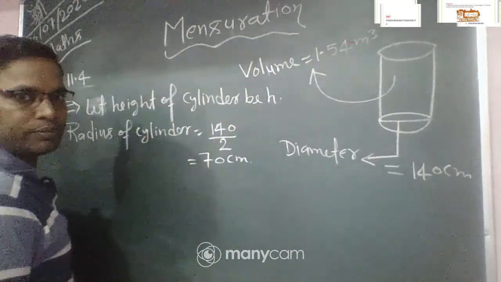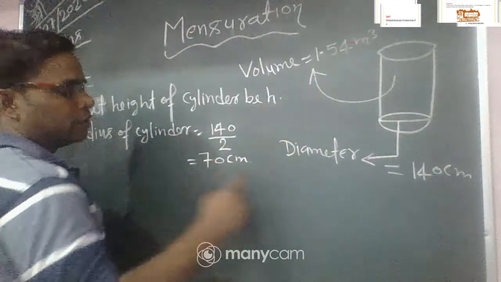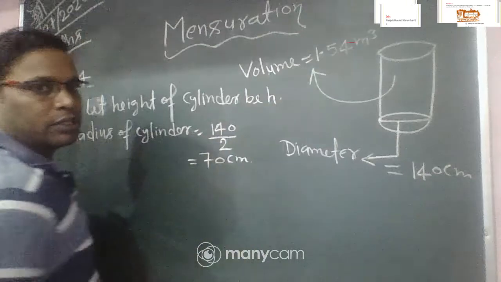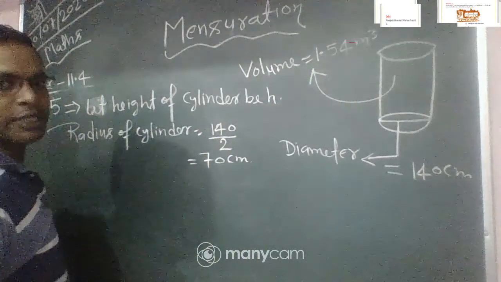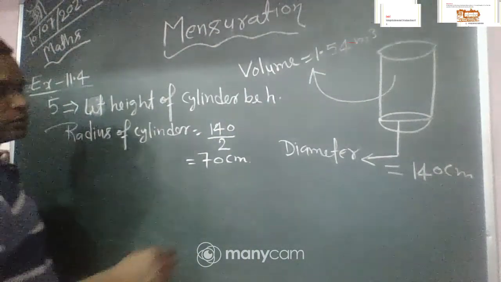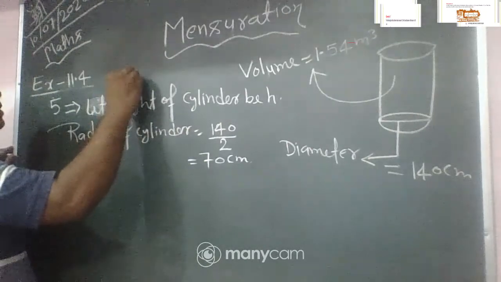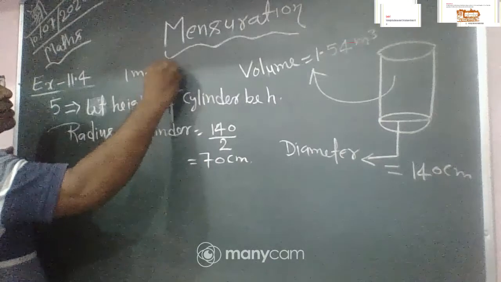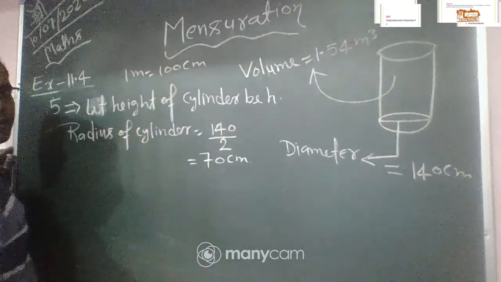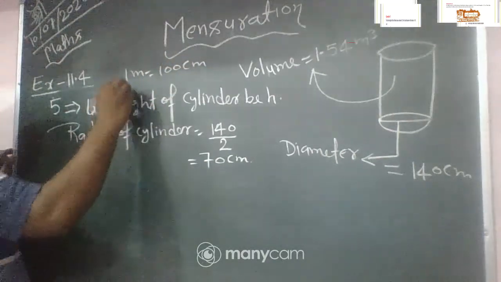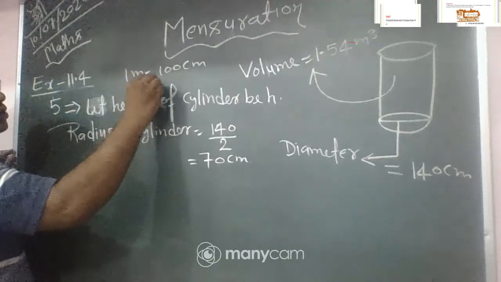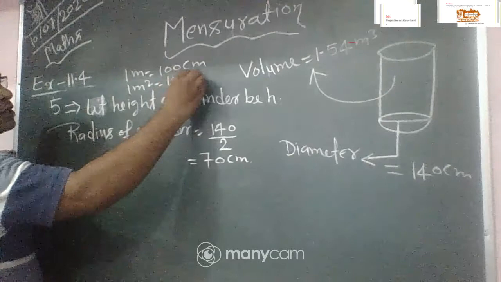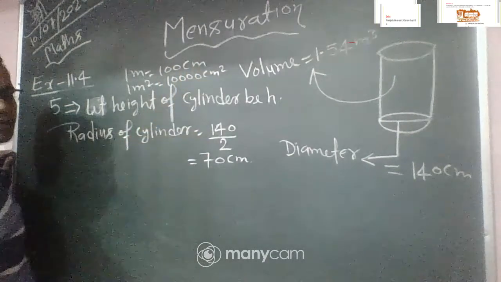Volume of cylinder is given as 1.54 meter cube, but here the radius is in centimeters and the volume is in meters. So we change meters to centimeters. I hope all of you know 1 meter is equal to 100 centimeters, and 1 meter square is equal to 10,000 centimeter square.